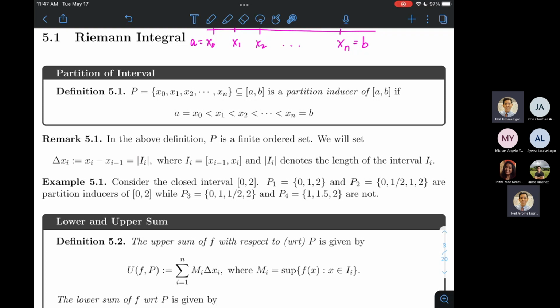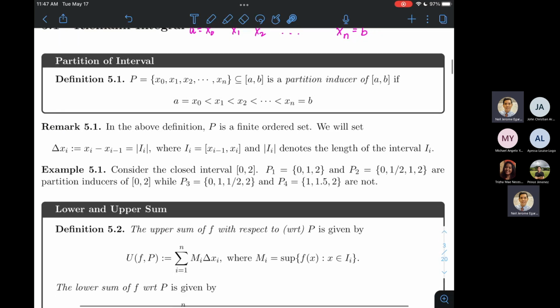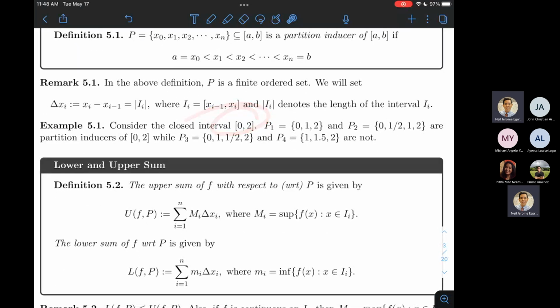So basically, the length of the ith subinterval, or the ith partition induced by the partition inducer P, is equal to the right endpoint minus the left endpoint. That is the length, and we denote it by delta x sub i, or the change in x sub i. All right?